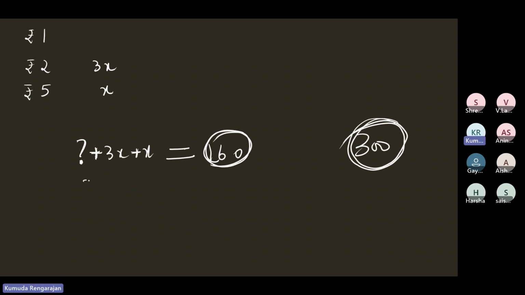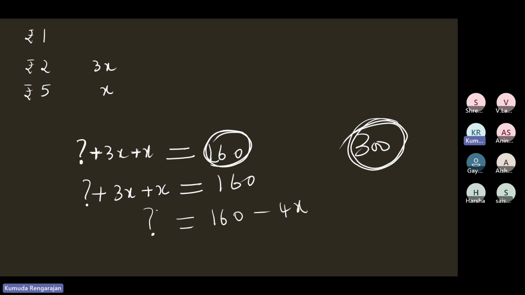So how many ₹1 coins do we have? We don't know. How many ₹2 coins? 3X. How many ₹5 coins? X. What is the total number of all these coins? 160. So the number of ₹1 coins is equal to 160 minus 4x, that is, 3x plus x is 4x, and minus 4x. So that's how we get this 160 minus 4x.